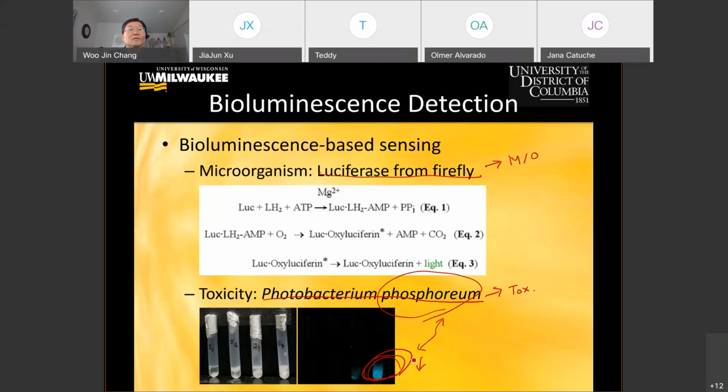So same as measuring the activity of live things, fish or a live animal, to detect water quality, I can use this microorganism to detect toxic molecules.